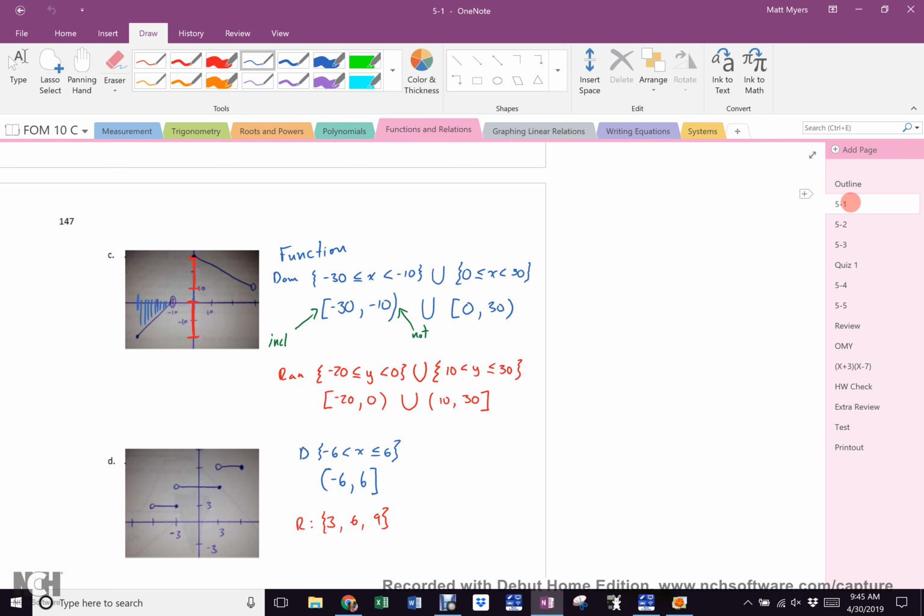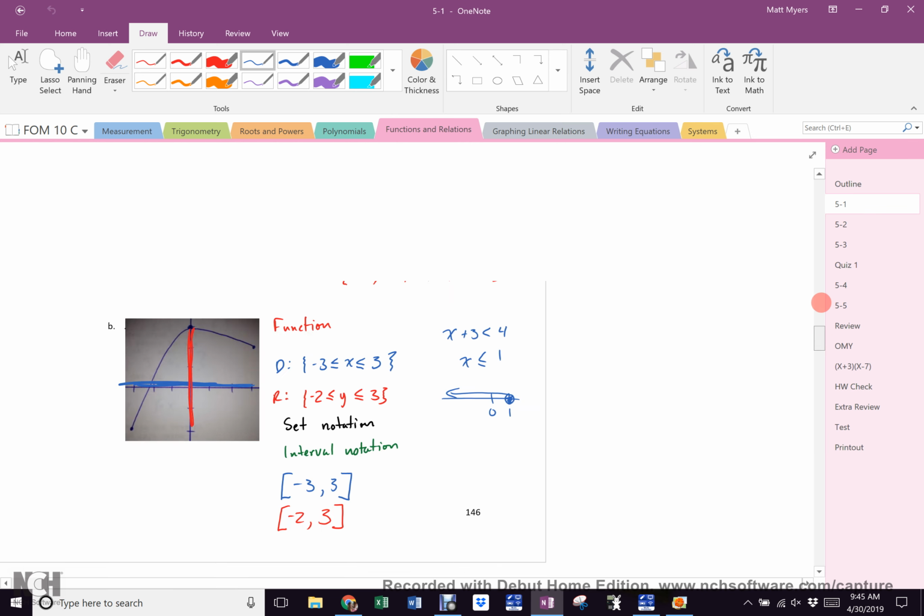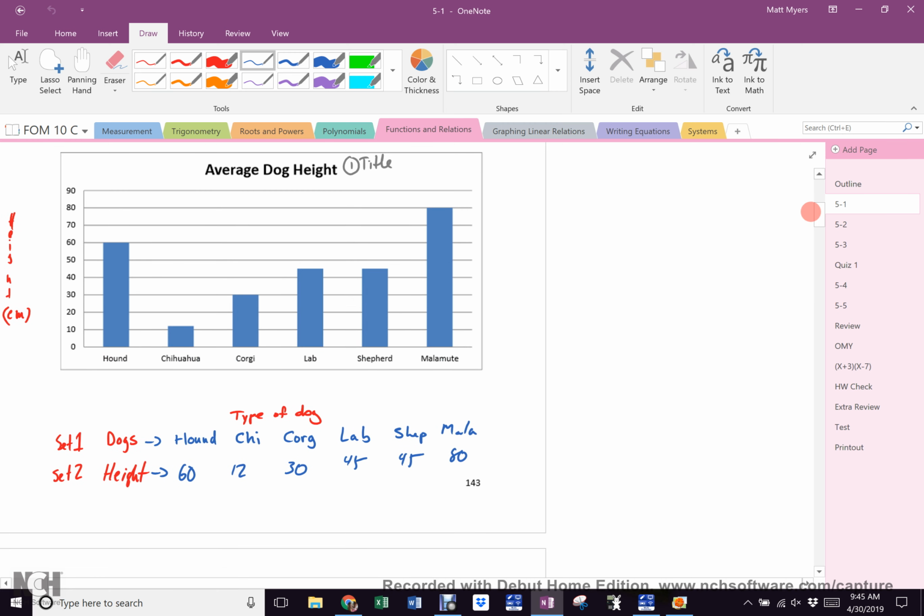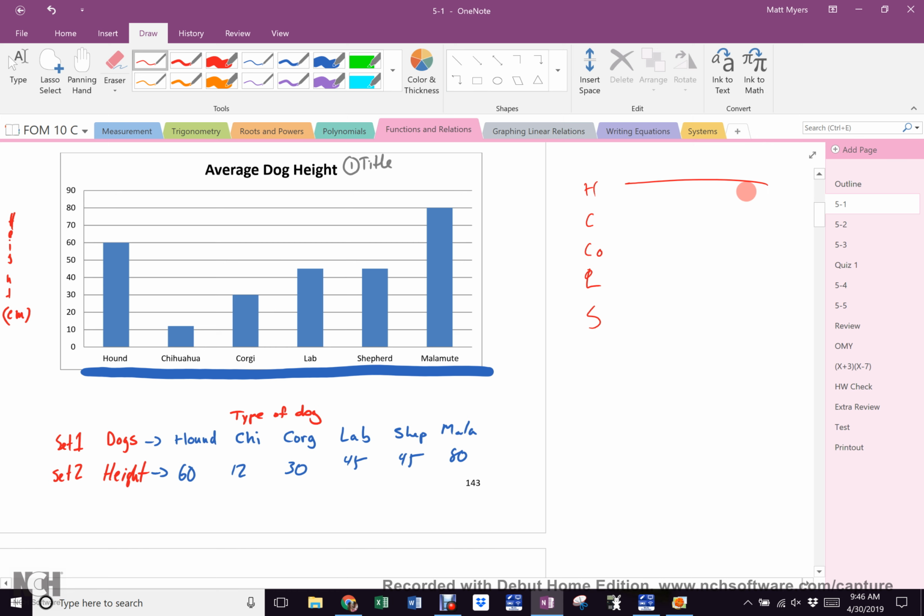Remember this graph of the dog heights. Right now, this is the x-axis, yes? And this is the independent variable. So this is the domain, right? But wouldn't this graph work just as well if I wrote hound, chihuahua, corgi, lab, shepherd, and put their heights this way?